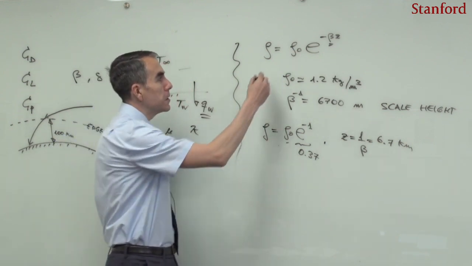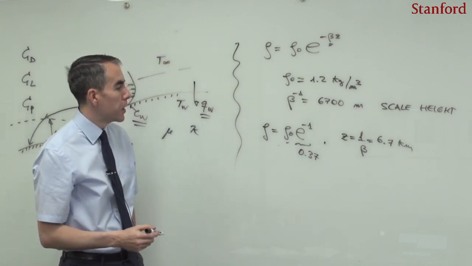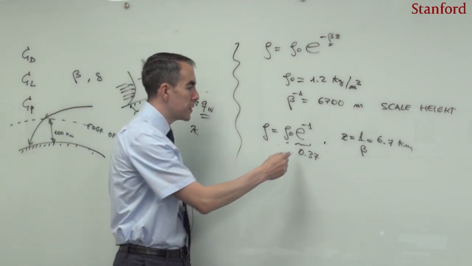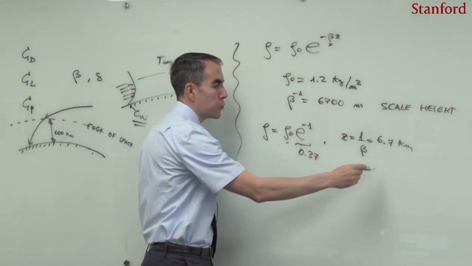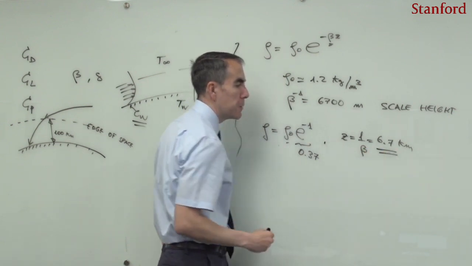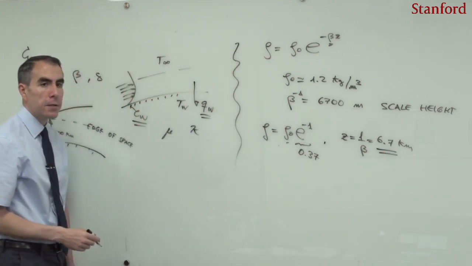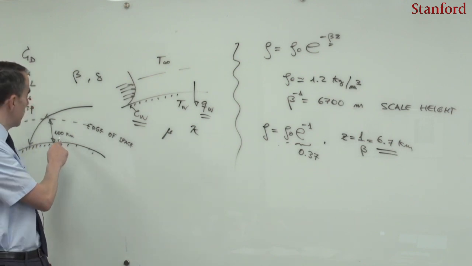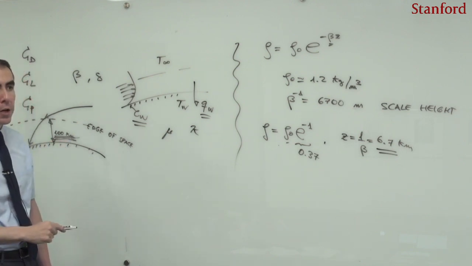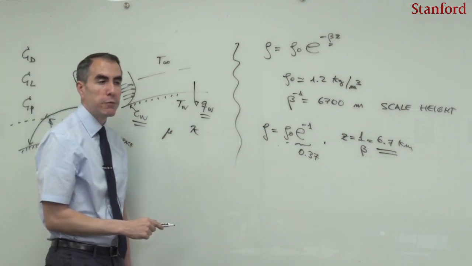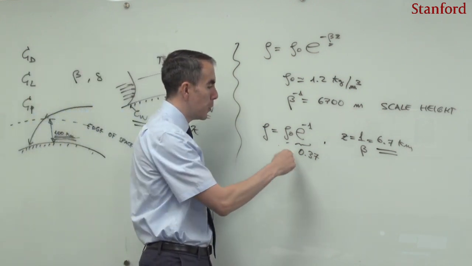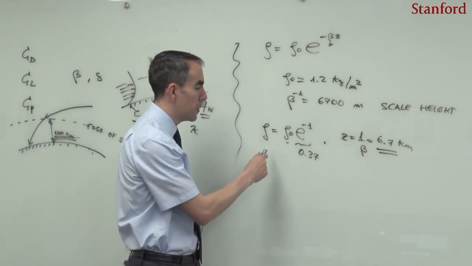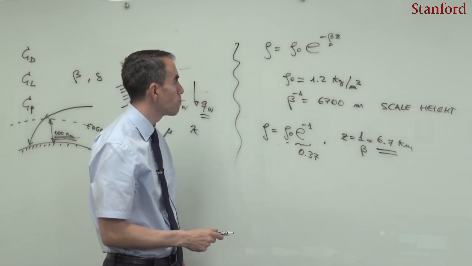So this density decreases exponentially with altitude, and the first e-folding of the density occurs relatively soon, at 6.7 kilometers. Remember that here we are talking about altitudes that are of the order of 100 kilometers.